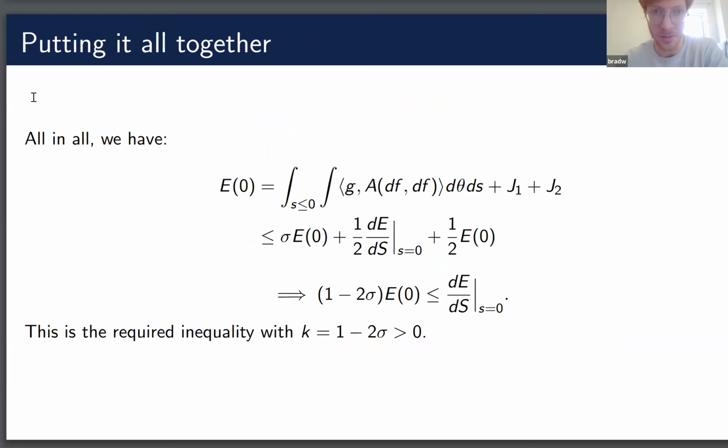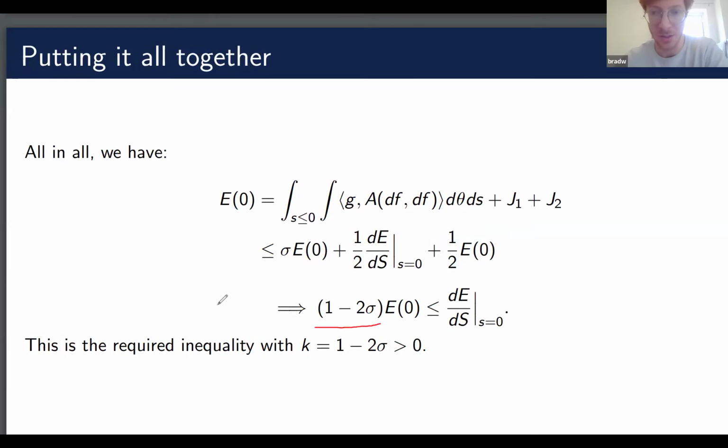Rearranging, we just get 1 minus 2 sigma here. And because we chose sigma less than 1/2, setting k equal to this gives us the differential inequality. So this is the end of the proof of the small energy theorem.